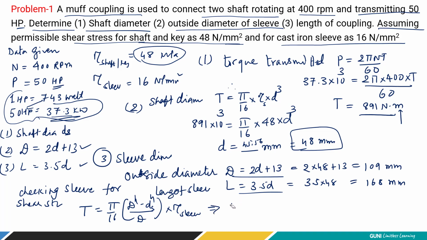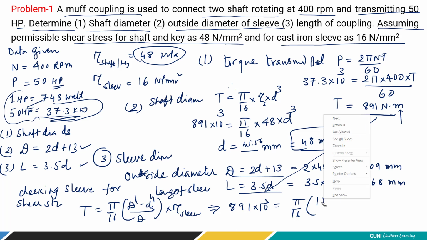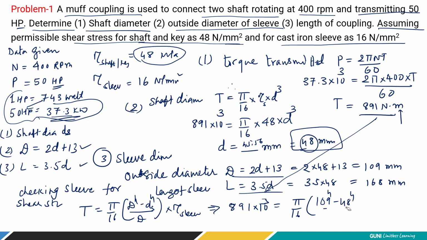The torque is 891 into 10 raised to 3, that is this one, equal to pi by 16 into 109 raised to 4 minus shaft diameter, which we found out to be 48, so 48 raised to 4, divided by 109. Now find out the shear stress induced in the sleeve.